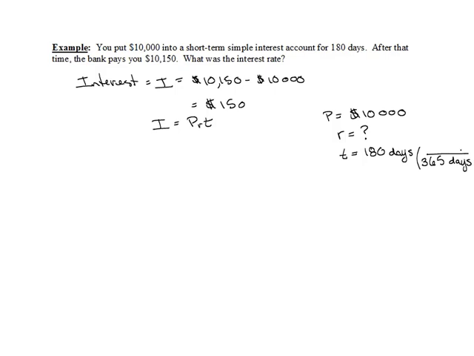365 days is used more now since the advent of so many computers and calculators, which make the arithmetic easy. So I'm going to use 365. And so I'm going to write this down as 180 over 365. That's the fraction of a year. Don't round until the end, so I'm going to put it into my formula that way.